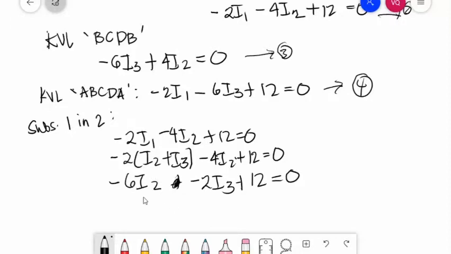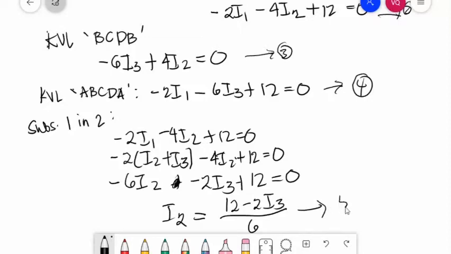I can solve for either I2 or I3, so I will take I2. I2 is equal to (12 minus 2I3) divided by 6. This is my equation 5.